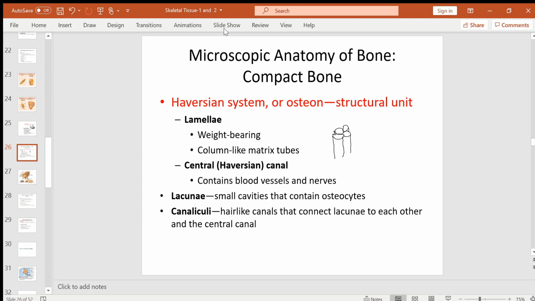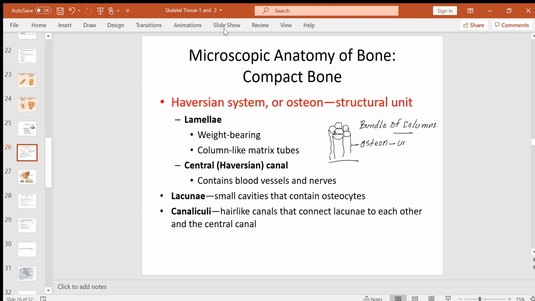So if you see the bone tissue, you'll see many columnar structures like this, and they are bundled together, and each column is called an osteon, which is the structural unit of compact bone.